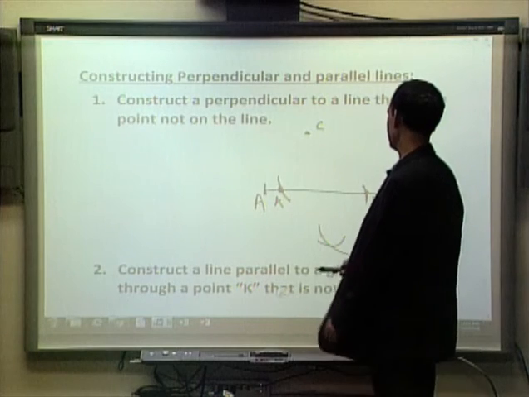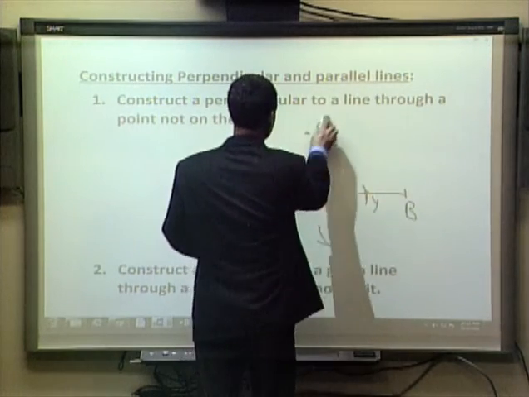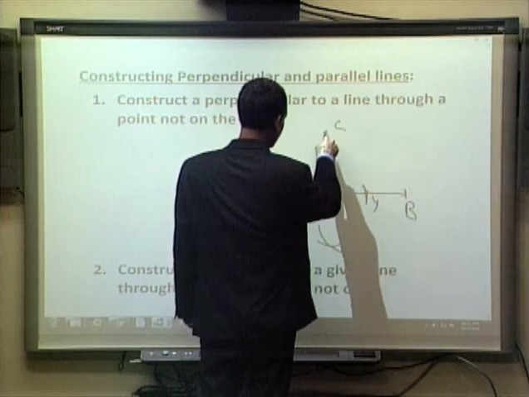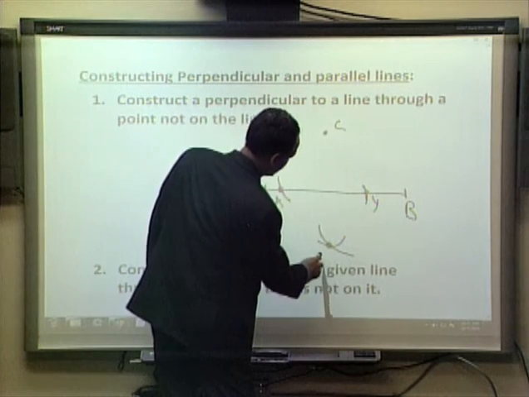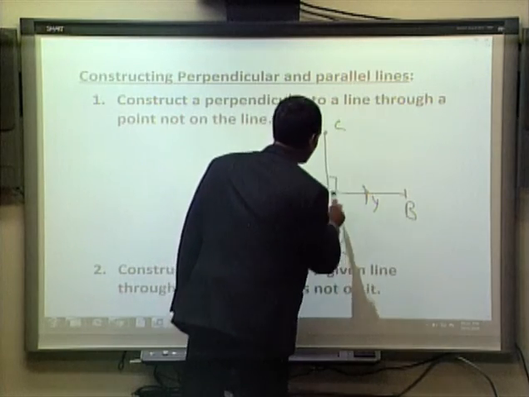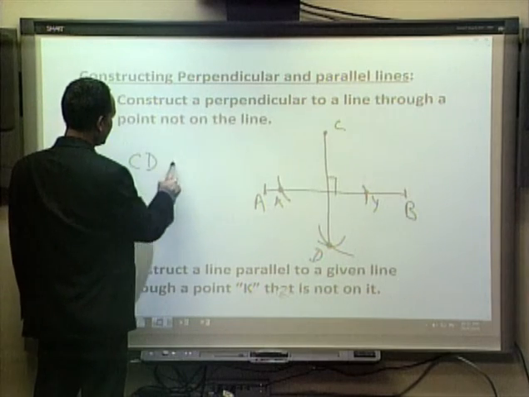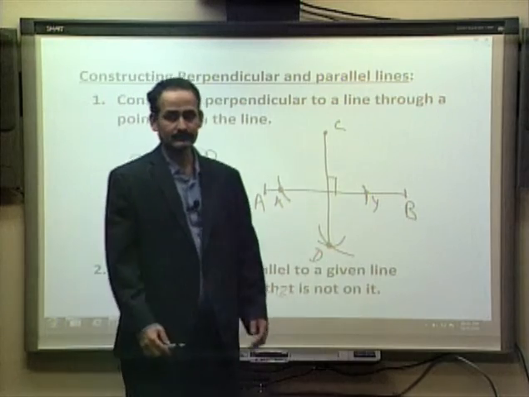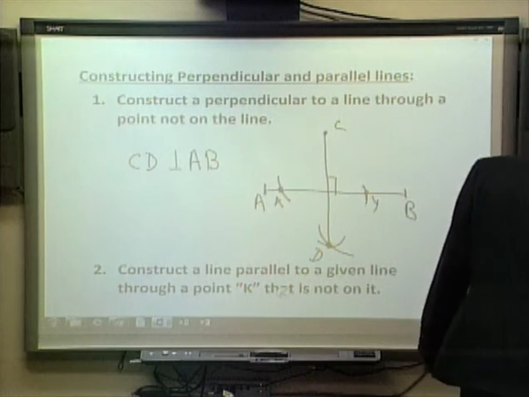If we do that, then let us say the intersection is D. If we connect C to D, this line will be perpendicular to AB. So, in this situation CD will be perpendicular to AB. Okay.